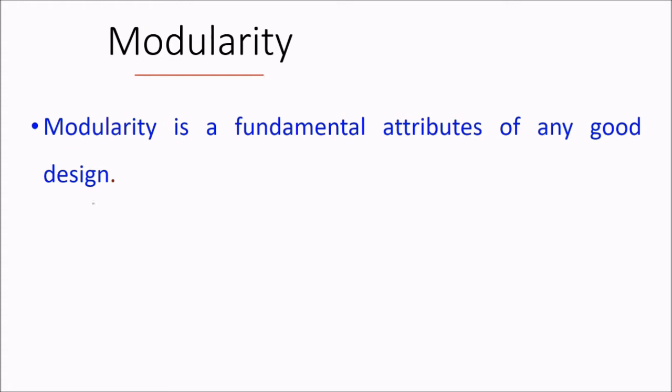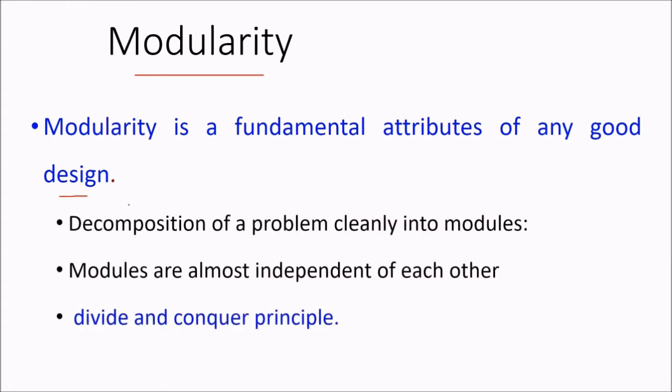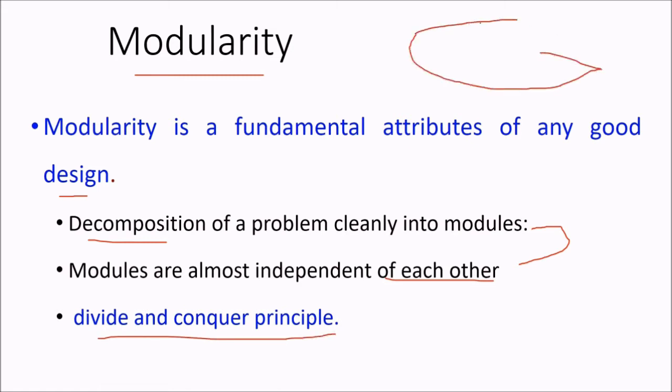What it means: decomposition of a problem cleanly into modules, where the modules are almost independent of each other, and we employ the divide and conquer principle. We have a work, we divide and conquer, and these parts should be as independent as possible.